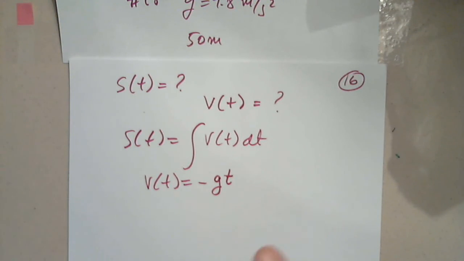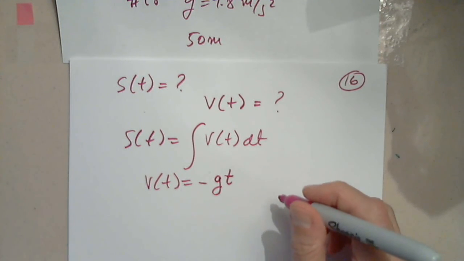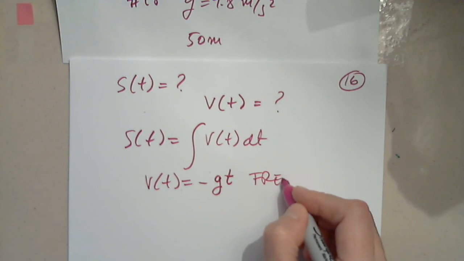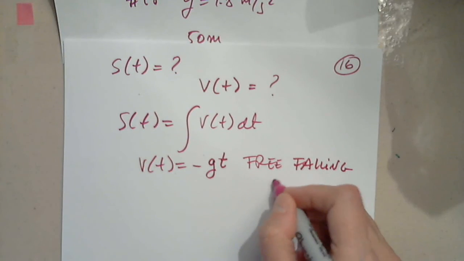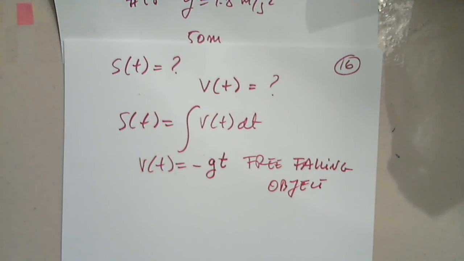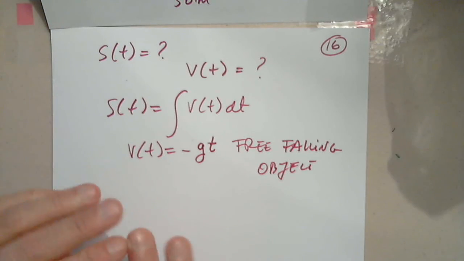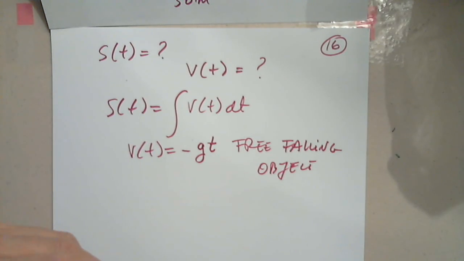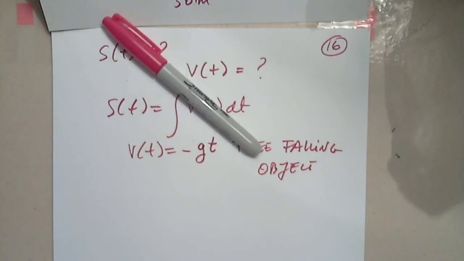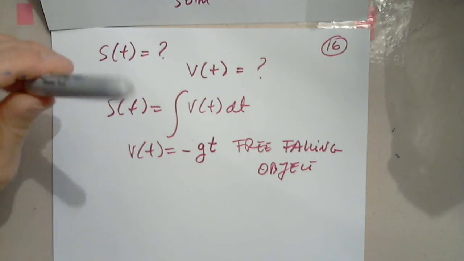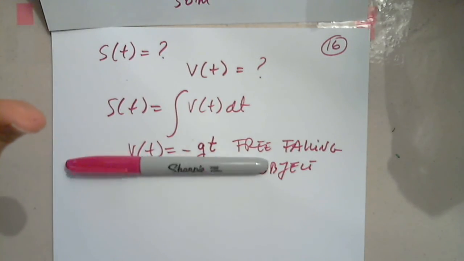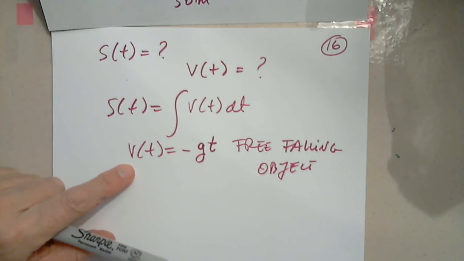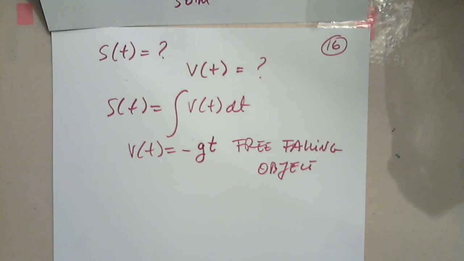That is for a free falling object, assuming you do not give it a push. If I force it up or down, it's a different story. But if it's just a free falling object, that's the velocity.